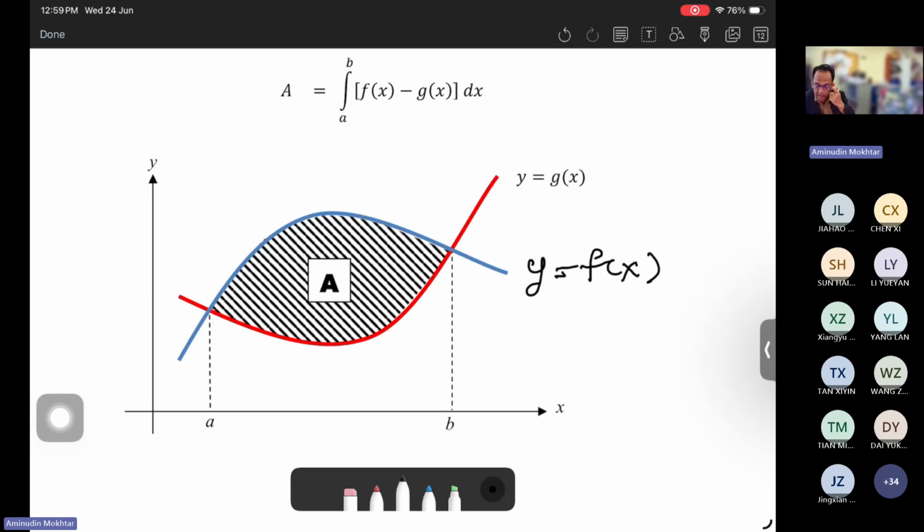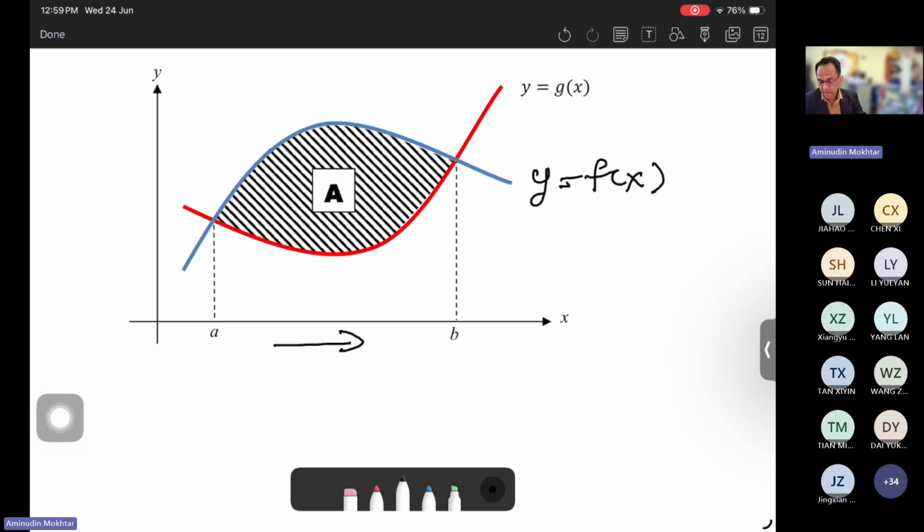This graph basically shows the area between these two curves, f(x) and g(x), over the interval from x equal A until x equal B. The shaded area marked as A lies between these two curves from x equal A until x equal B, as I explained earlier.